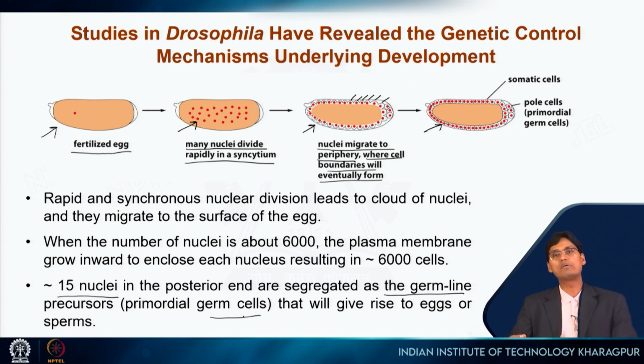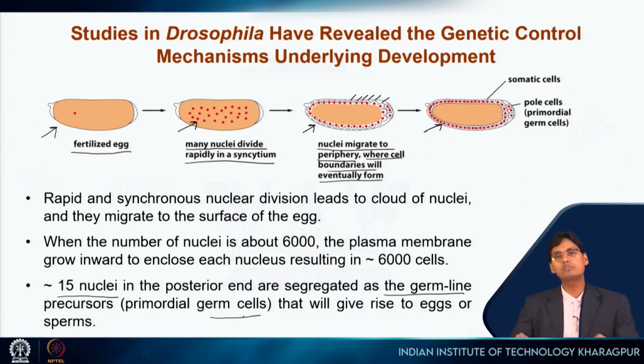At the beginning, how it is getting developed: here I just mentioned how initial nuclear division is followed by membrane formation. It's overall how it develops from an egg to an embryo.